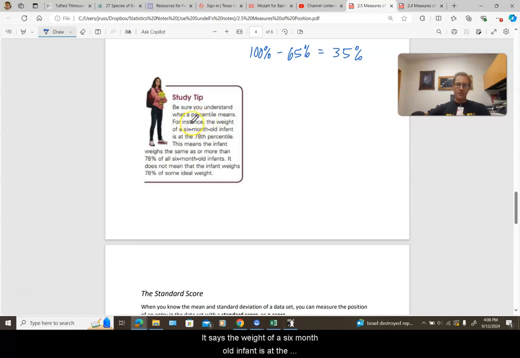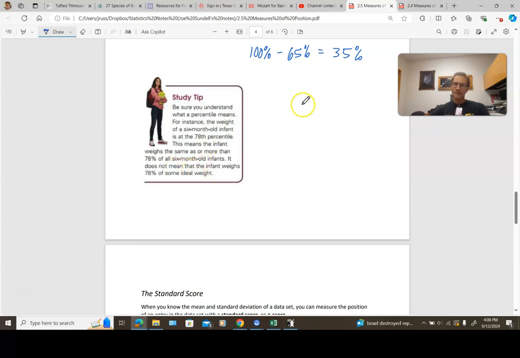Here's another example. It says the weight of a 6-month-old infant is at the 78th percentile. So what this means is that the weight of this particular infant is greater than or equal to 78% of all the other weights. And then down here it says it does not mean that the infant weighs 78% of some kind of ideal weight.